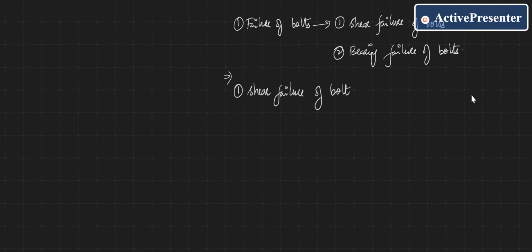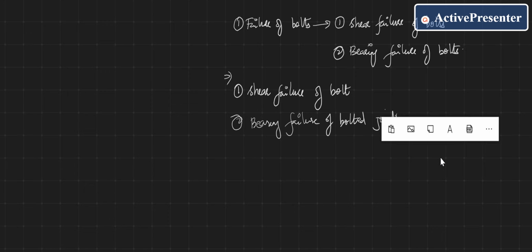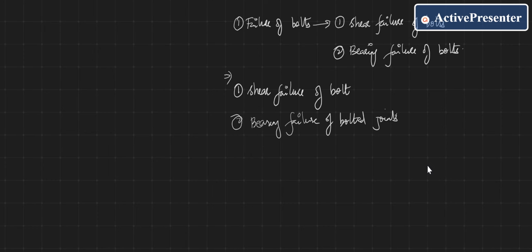Now we will see the second kind of failure in bolted connection, that is the bearing failure of bolted joints. In bearing failure of bolted joints, I am going to apply the same load as we have shown before.